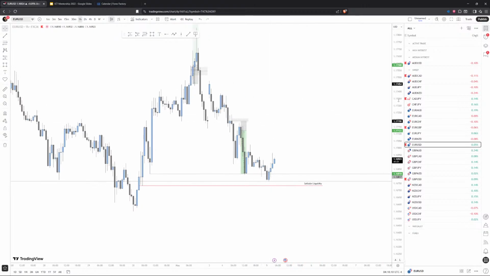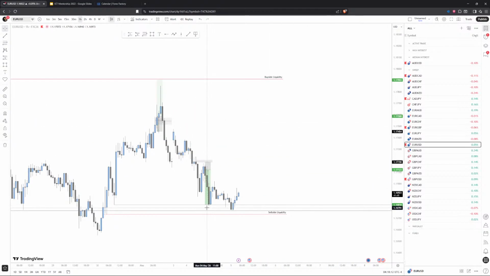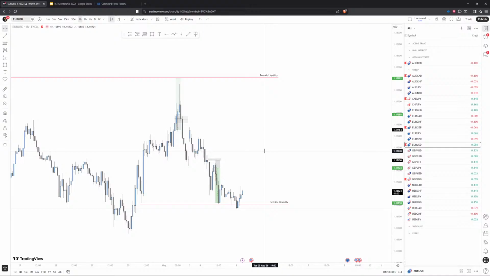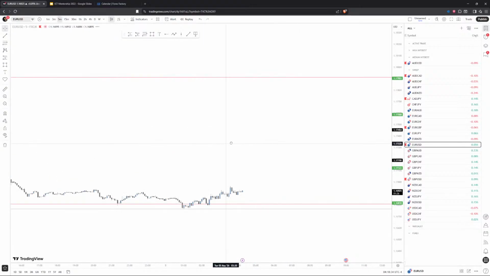But at the same time, the shape again is what's important, because we have technically taken this sell side liquidity over here, which we can actually get rid of, because this is equal lows. Low here, we've taken that out. So yes, we haven't taken this out, but we've taken this out. And then we've also taken this, we've reached this equilibrium, then front to the upside. So that bullishness can definitely be accounted for.